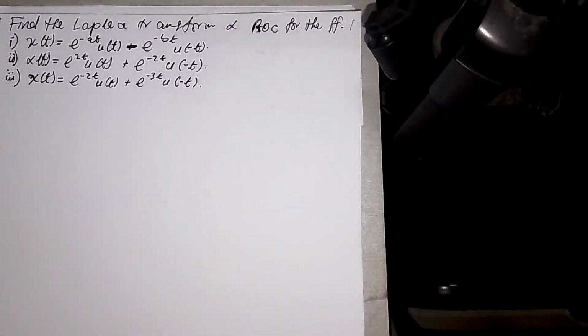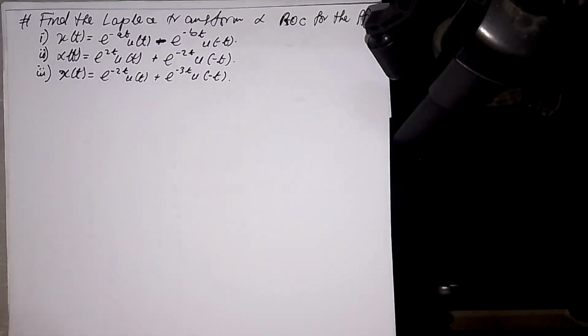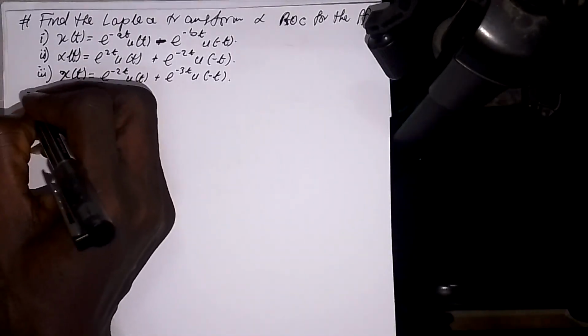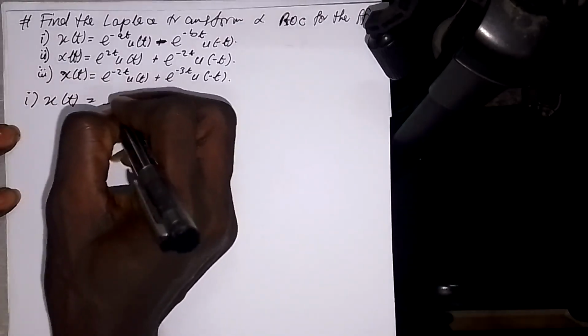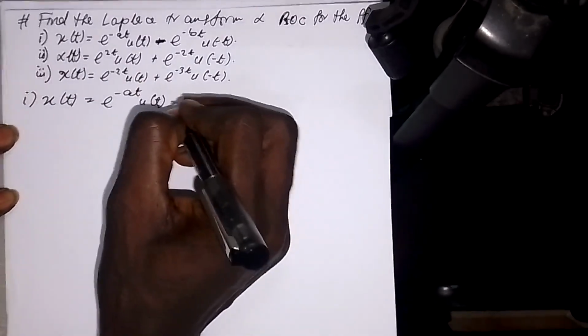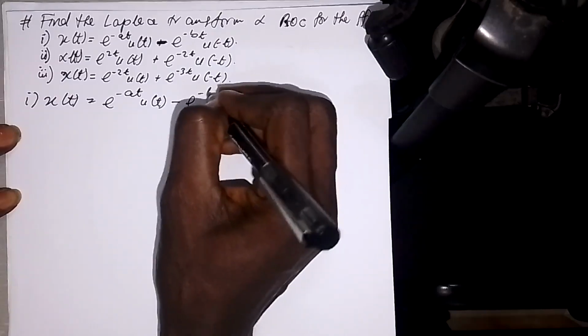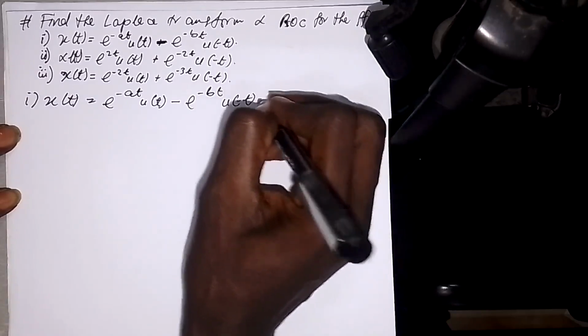Let's take a look at these signals and then find their respective Laplace transforms. Okay, so here these are three signals. To deal with the first one, we have x of t equals e to the minus at times u of t, minus e to the minus bt times u of minus t.